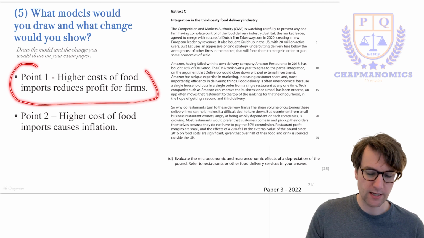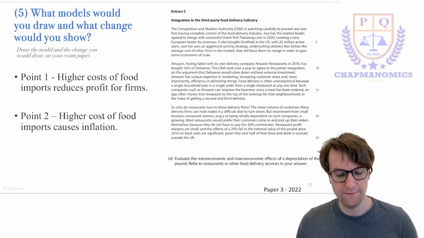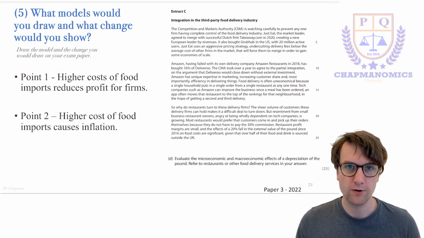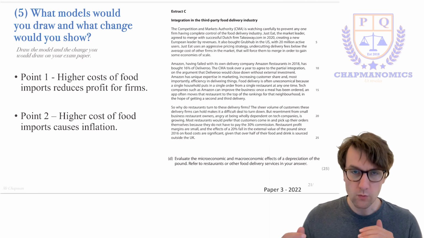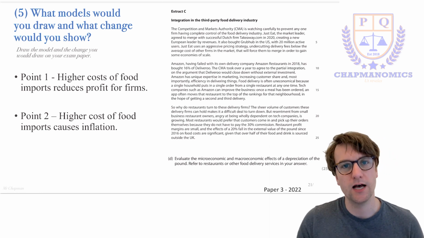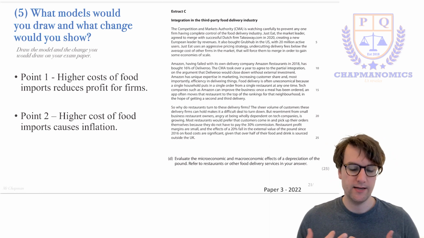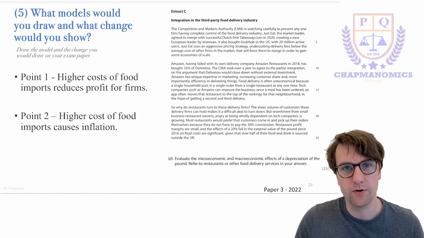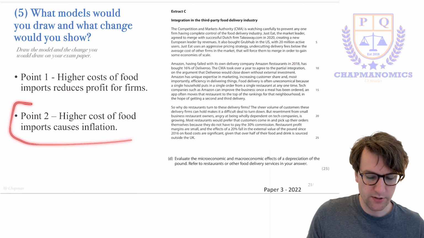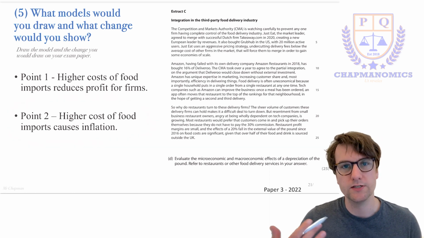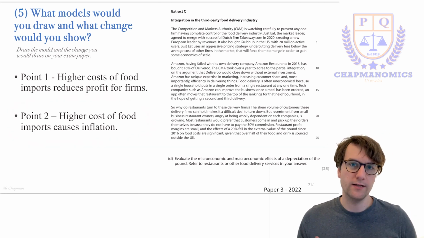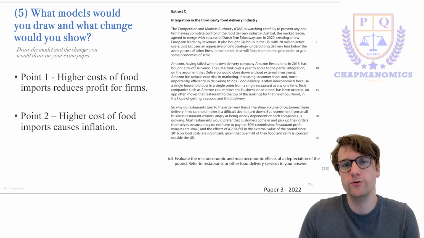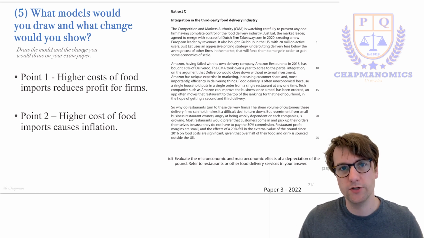So point 1 is higher costs for firms of food imports reduces profits for firms. So when we have a depreciation of the pound, that pushes up the price of imports, and as a result, for our restaurateurs, that's going to push up the price of imported food. Point 2, higher costs of food imports causes inflation. And I'm suggesting that because food is a massive big part of the basket of goods.